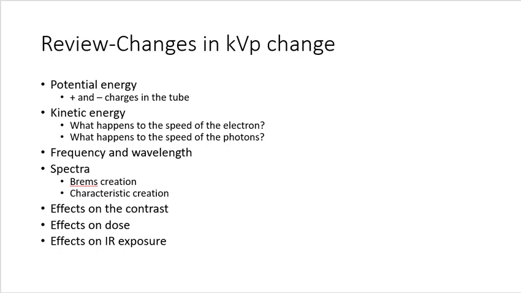In the brems spectrum, it controls directly the peak energy that you create, but if you remember, secondarily, it controls the numbers, and it really controls the numbers exponentially. So you're going to have a difficult time with the understanding that kVp doesn't control numbers. Well, it does.